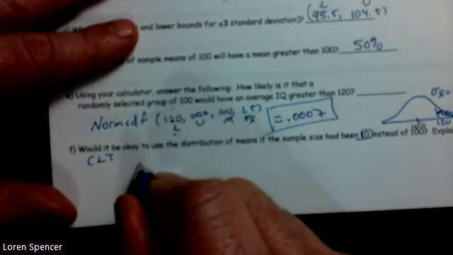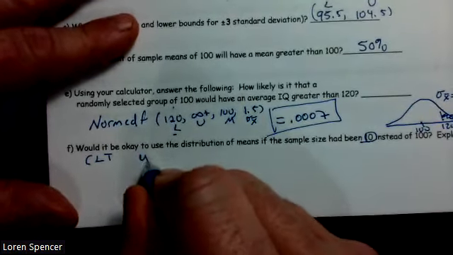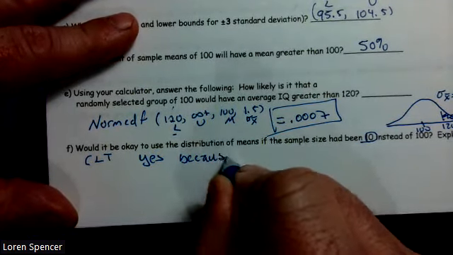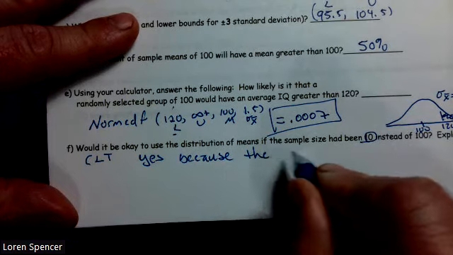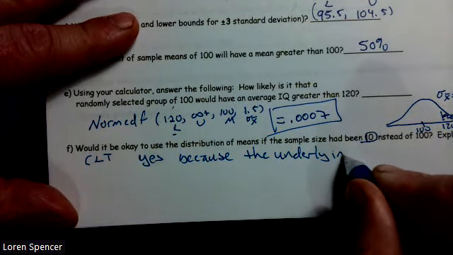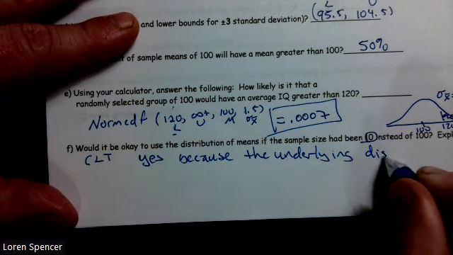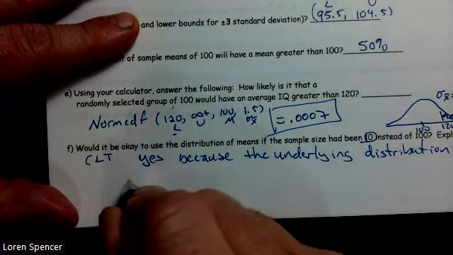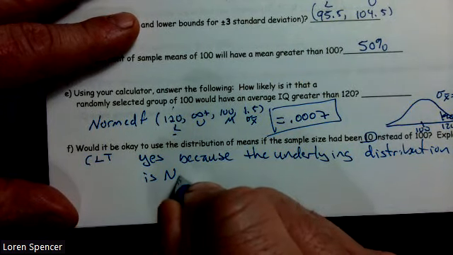So since it was already normal, we could. So the answer is yes, because the underlying distribution is normal.